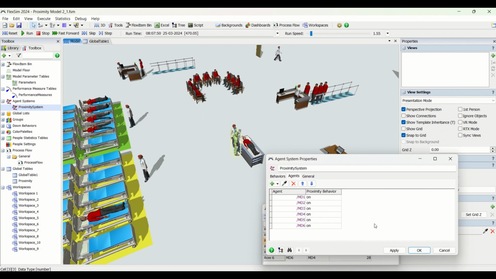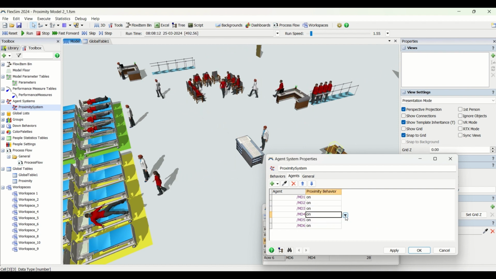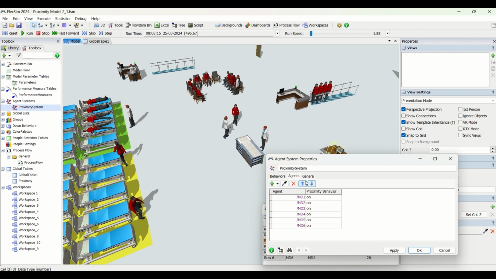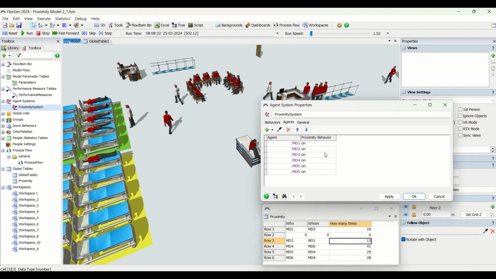I want to check how many times my health staff are getting interactions, but I do not want to check the doctor. So I've included all these people here and I have made the proximity behavior on. If you want to change it, you can make it off. Depending on your requirement, you can make it on and off. So this is the customizability you have in this agents column.